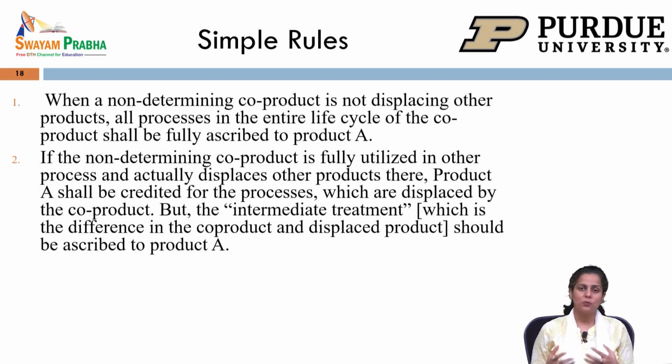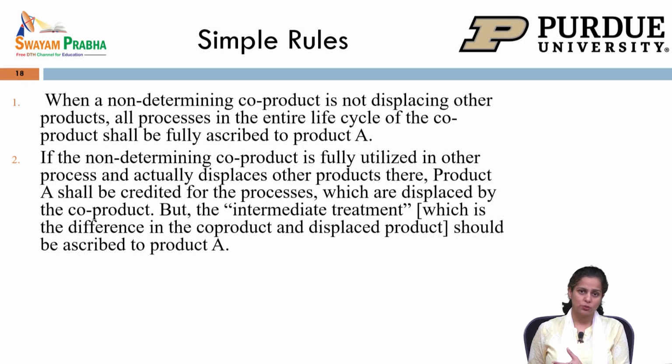So, that is how we determine in case the non-determining product is fully utilized. That is the second rule. So, when you are looking at a process with multiple products, you would be looking at which is the determining and which is the non-determining product, and then the fate of the non-determining product.